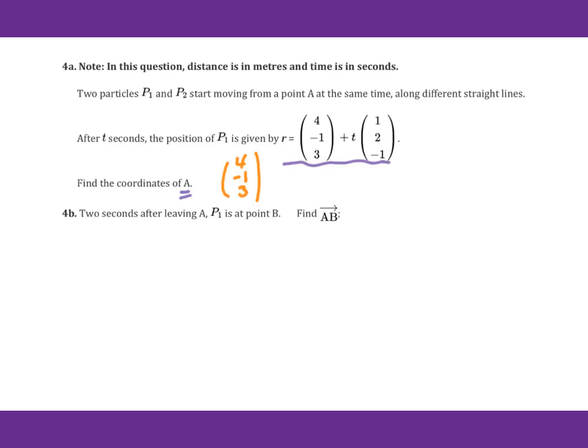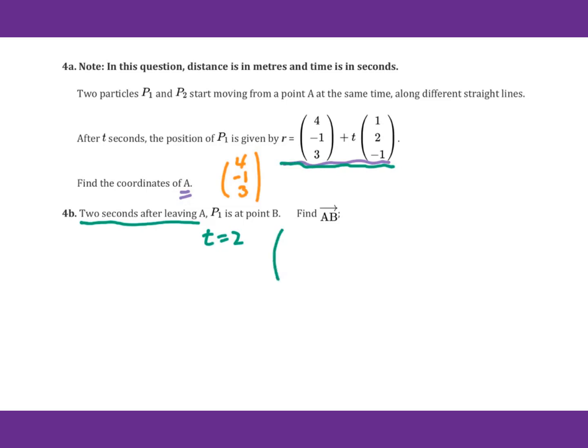For b, 2 seconds after leaving A, P1 is at position B. Find AB. Two seconds after leaving means we need to plug t equals 2 into this equation.